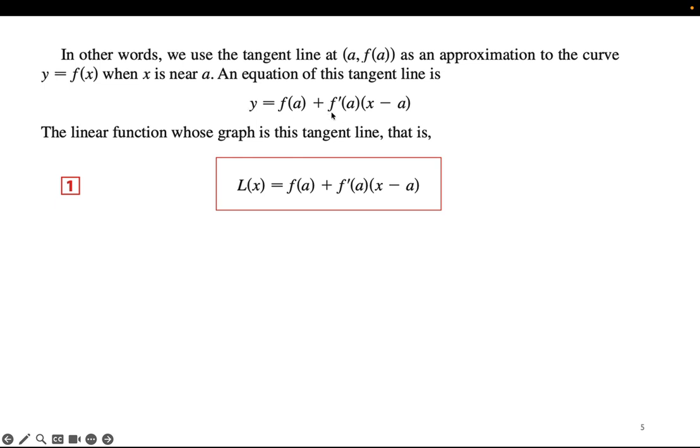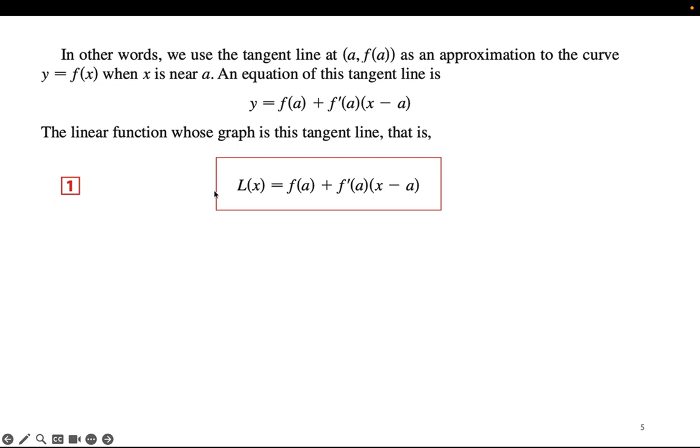Again, if you remember from pre-calculus, when you first learn about lines, one of the equations of lines that we have is, if I know a point, a, f of a, and I know the slope, then that's enough for us to write the equation of the line, and that equation is this one. And so the linear function L of x is simply f of a, that's the point, plus the slope f prime of a times x minus a.